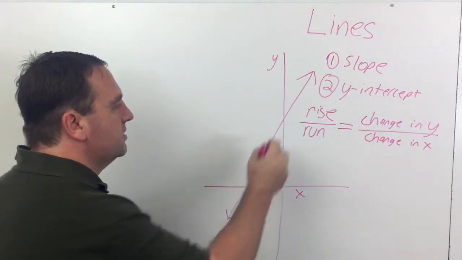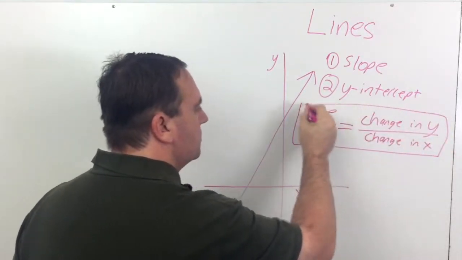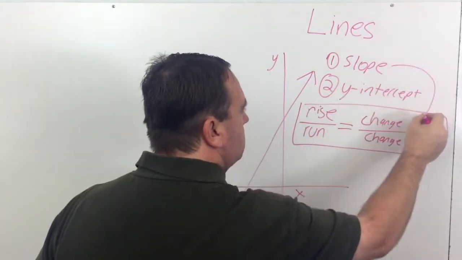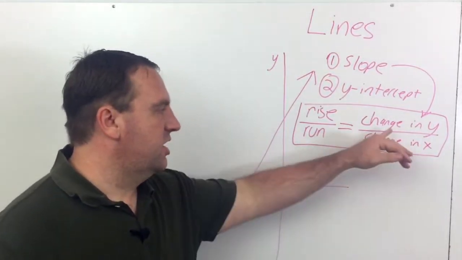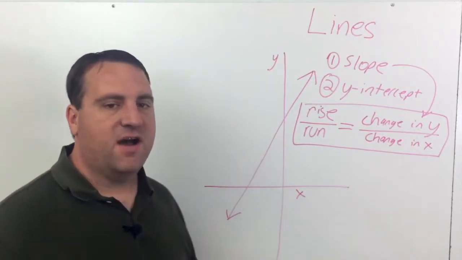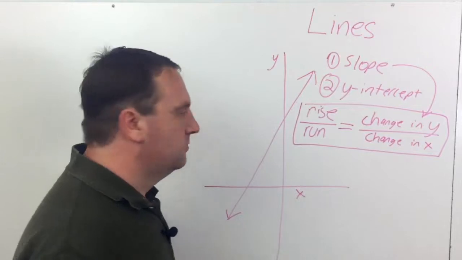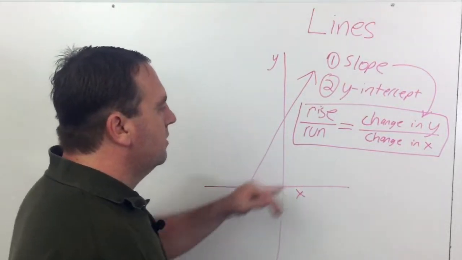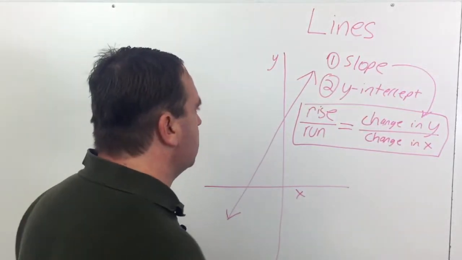So this is what slope is. Our slope is our rise over run, which is our change in y divided by our change in x. And all you have to do to find rise and run is to find 2 points and look at the changes in y values and the changes in x values.